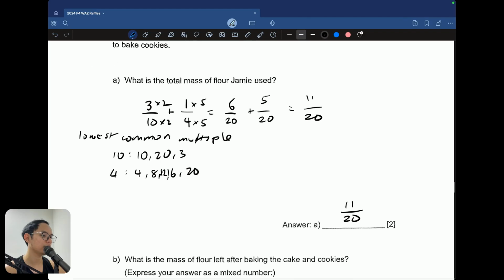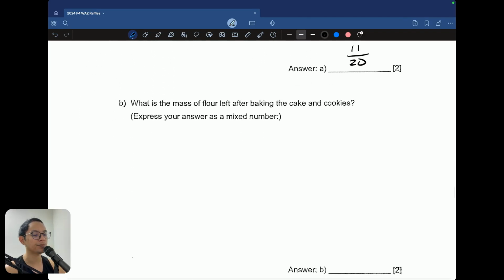Okay. Let's move on to the next question, B. What is the mass of the flour left after baking the cake and cookies? Okay. So we know that we have used 11 out of 20 kg.